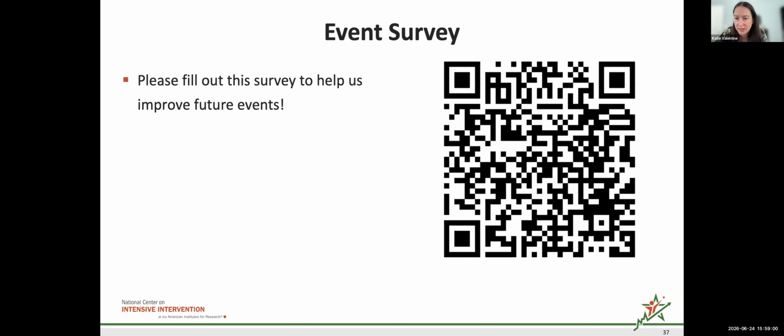Let's see, I'm just trying to read through these. How often should this error analysis be conducted? Good question. So if you're familiar with reading and looking at this data-based individualization process within reading, growth in reading tends to happen a lot more quickly than we see in writing.